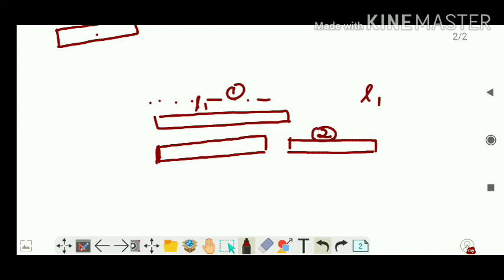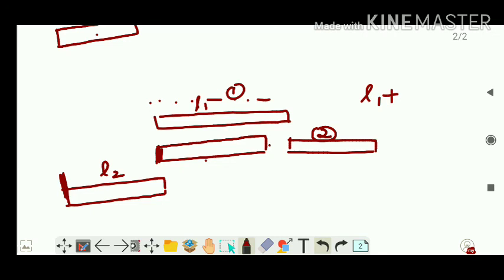Now the second train has reached here. Now it has to cross over, meaning the scenario should be like this. So how much does it have to cover? It has to cover its own length outwards, right? This much length it has to cover so that it reaches this point.